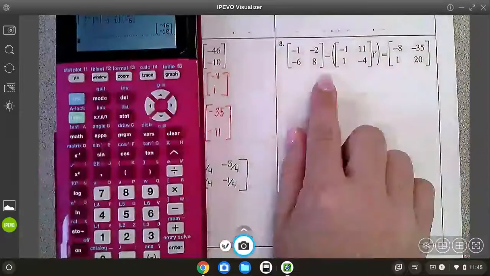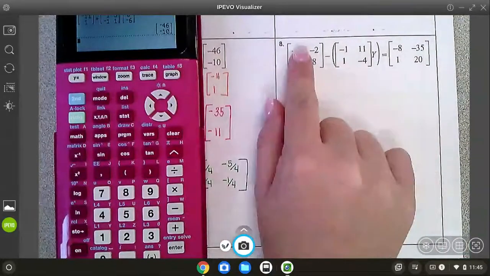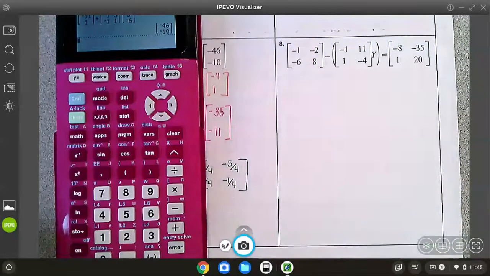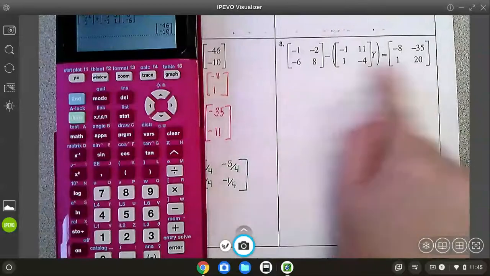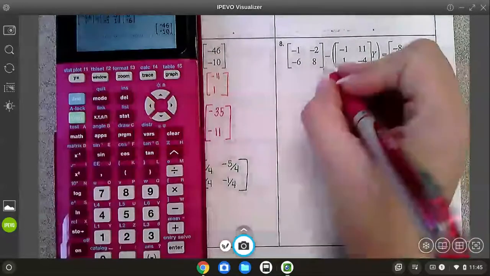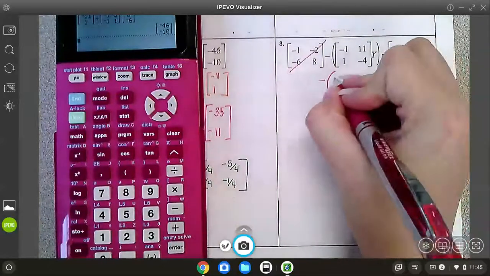Now, number 8 is a little bit more complicated. So we are going to subtract this matrix first. I'm not going to write that out, just to save some space. If we subtract it, those will cancel.